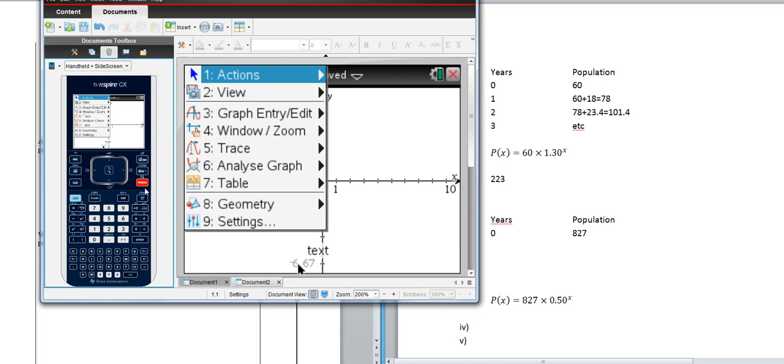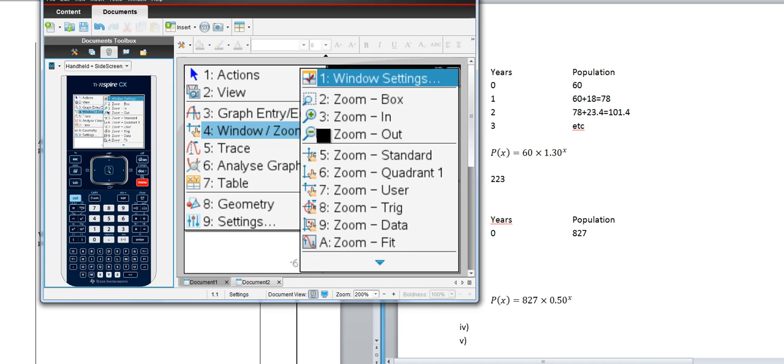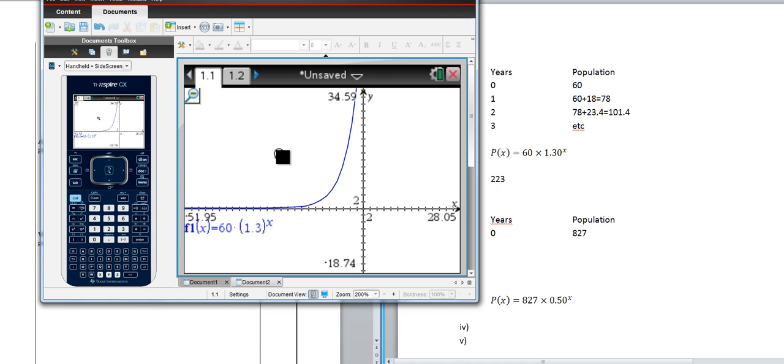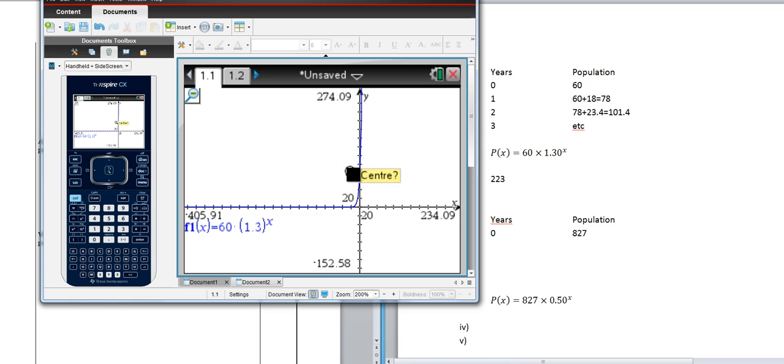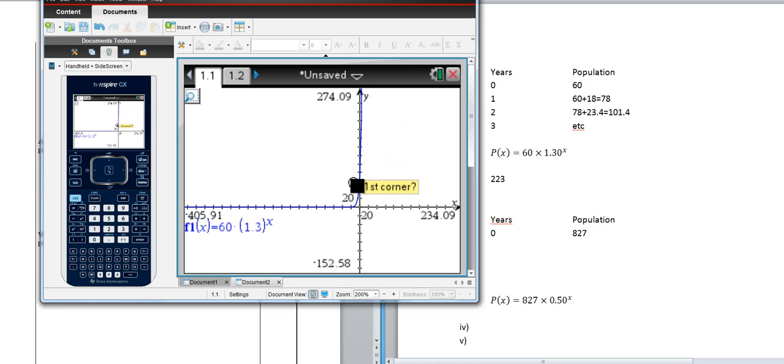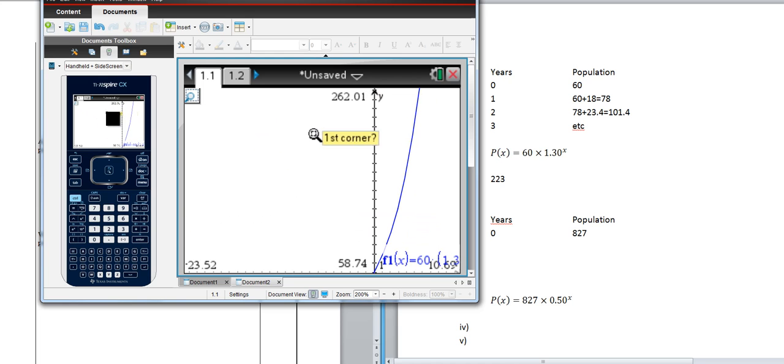And we have to zoom out to be able to see it a little bit better. Okay. Let's do zoom box and start from 60. There we go. A little bit better. So we can see that here at 60 it increases like this.